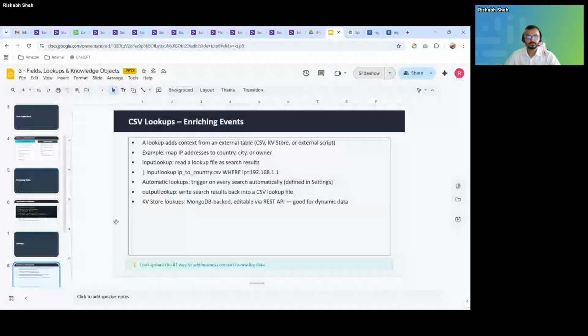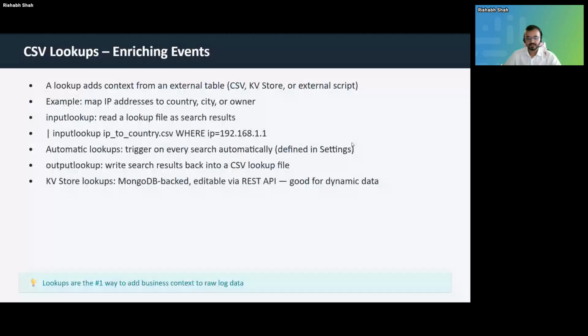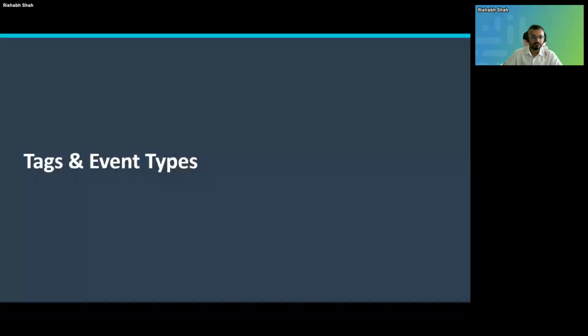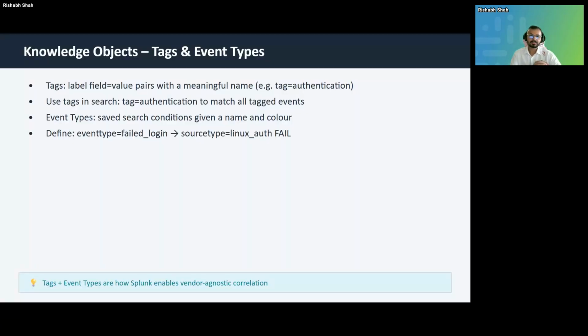I move to the next part, which is tags and event types. As the name suggests, how do tags and event types work? If we have to combine a bunch of events for visualization purposes, we pair them with something.